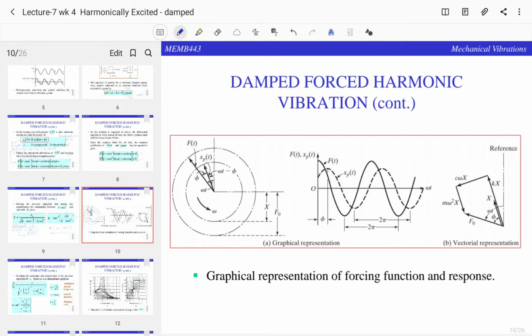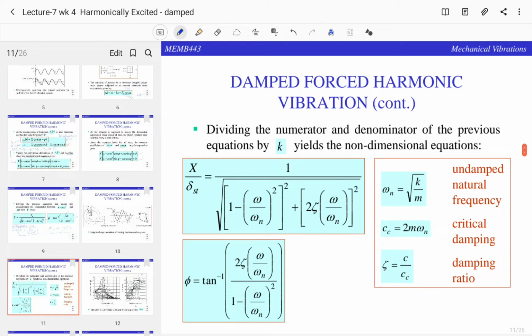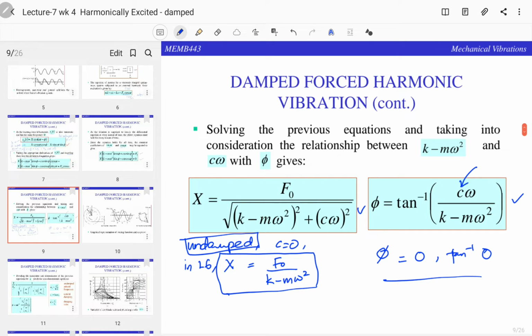Maybe the important figures and equations we want to look at are in this form. We have this in the form of static deflection. From slide number 9, basically you divide the top part with k, the numerator and denominator with k.